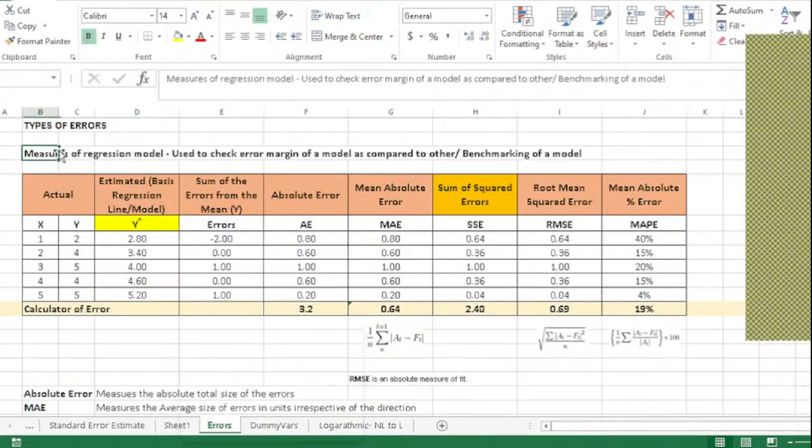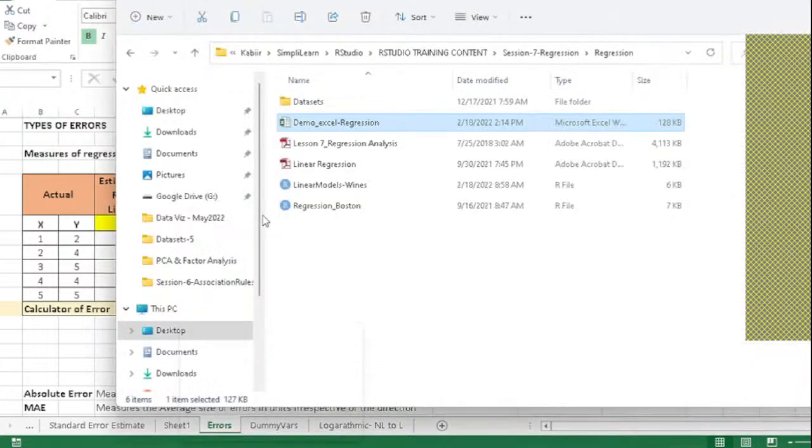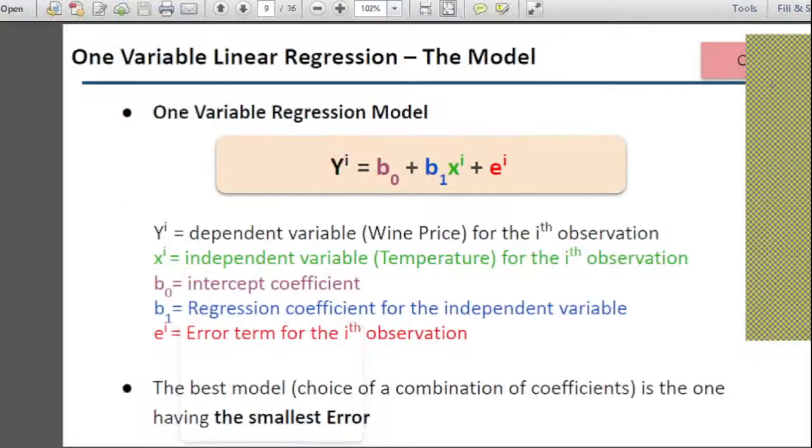Now, measures of regression model used to check errors. The smaller the error, the better the model. This error means the difference between the predicted y and the actual y.